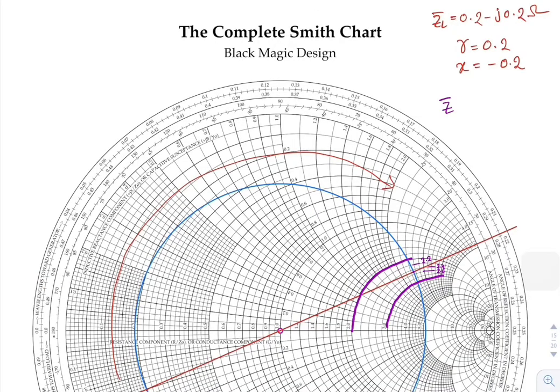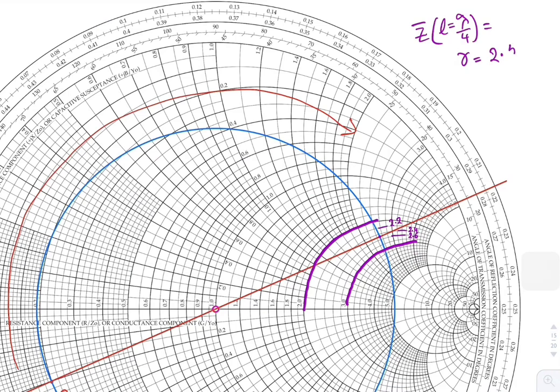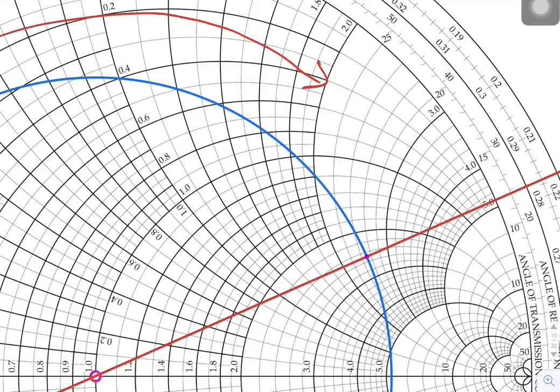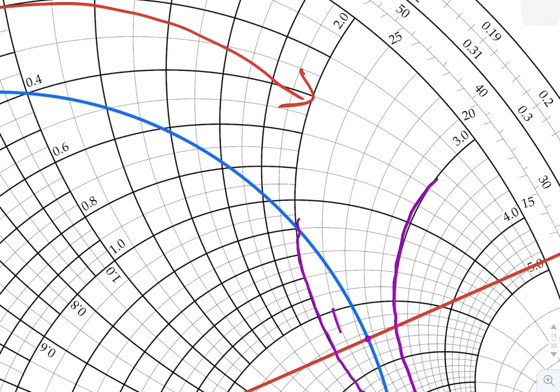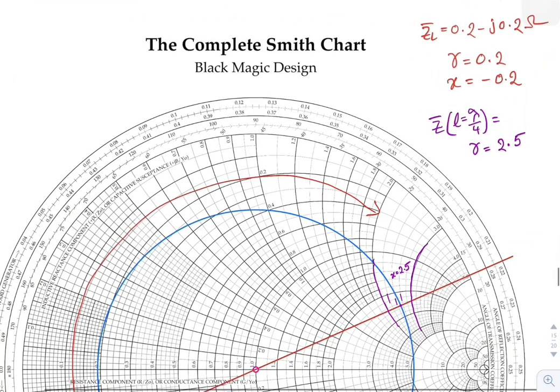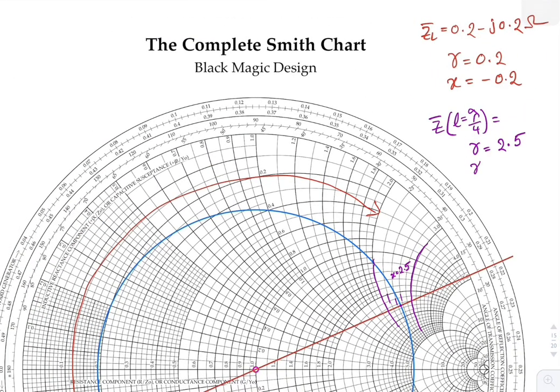Normalized impedance at a distance of L equal to lambda by 4 has r equal to 2.5. Let's find the value of x. This curve represents value of x as 3.0 and this curve represents value of x 2.0. This line is 2.2, this line is 2.4, this line is 2.6. That means x value equal to 2.5. Therefore x equal to 2.5.